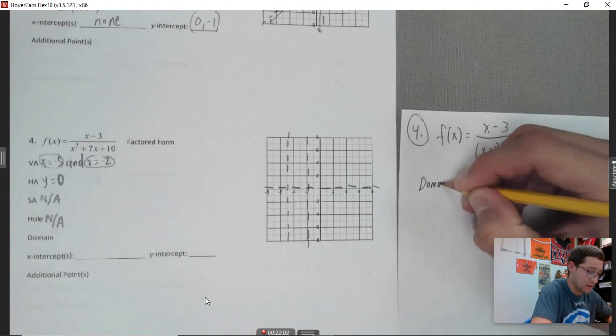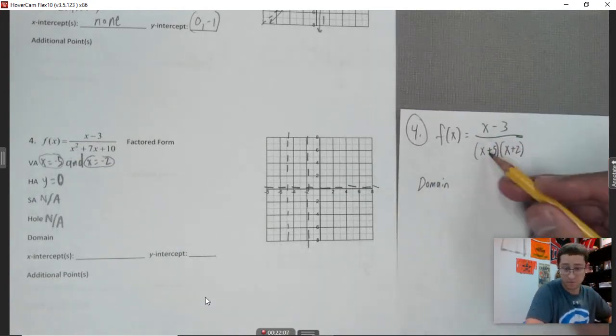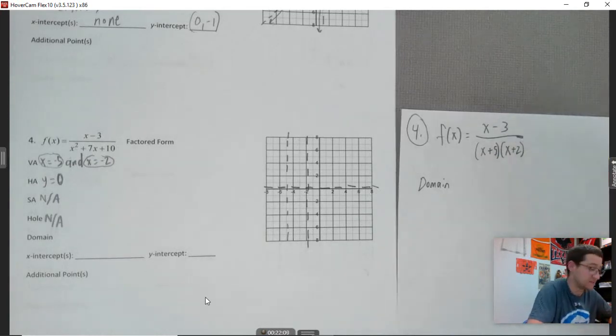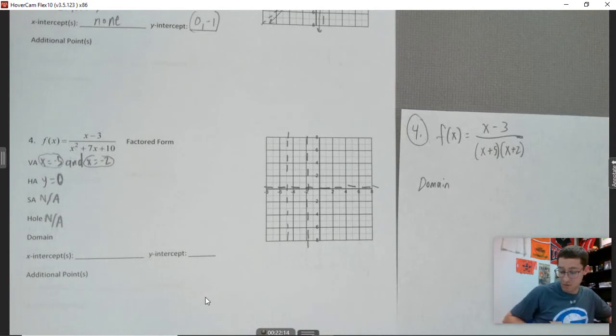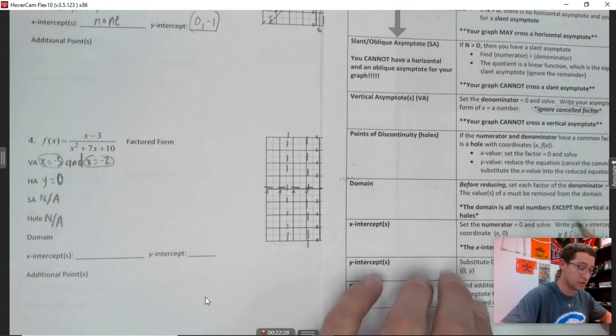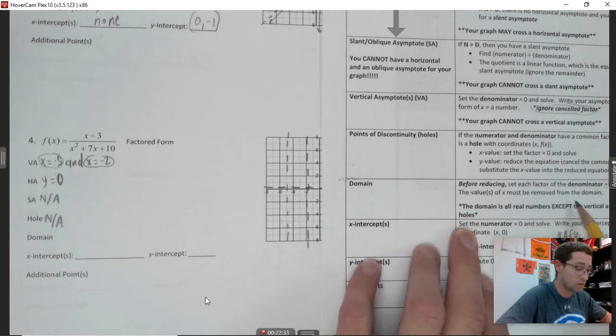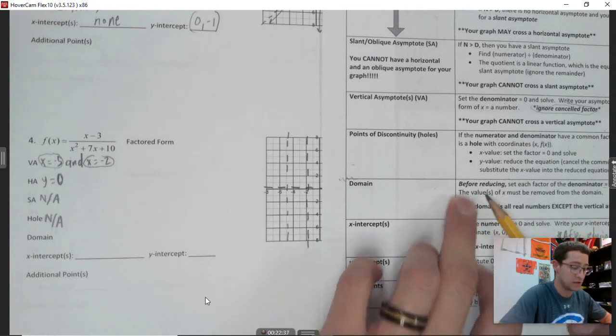For that domain, I will take out values that give me zeros here. So you're going to have 2 different ones. If they cancel, you're also going to take that out. So I do want to mention that with the domain, when you take out a hole, you also want to take that out of the domain. So you want to do this before finding your domain, essentially before reducing.